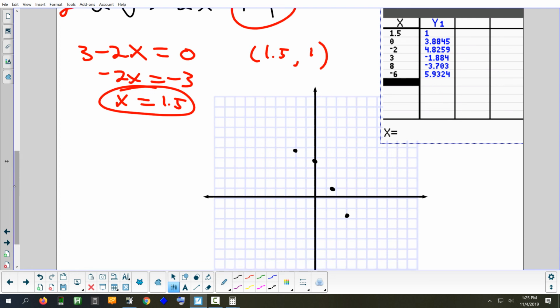What else we got? 8, -3.7. -6, 6 roughly. You might need more points, but I can kind of tell, I see the curve. It's going to go like this, get pretty steep in there, and then curve like that.